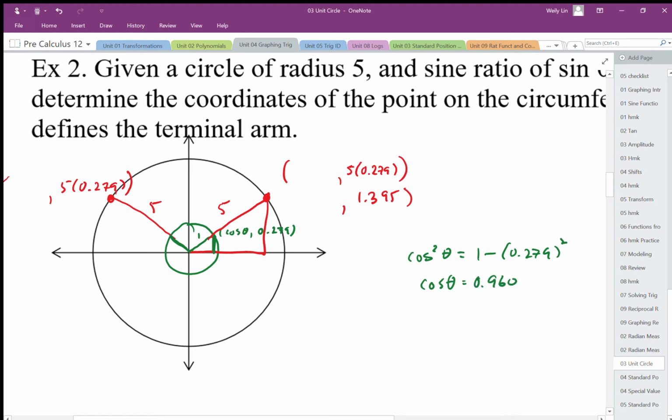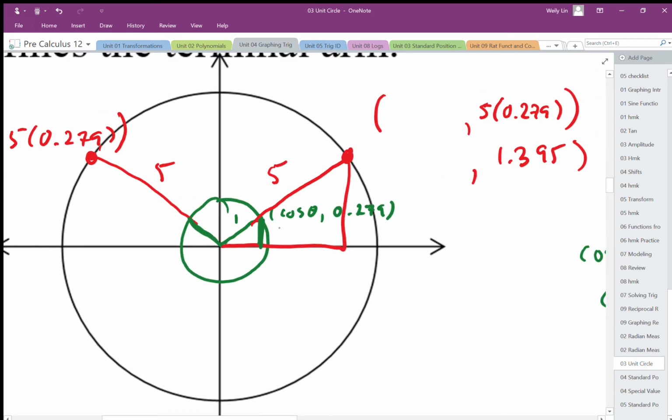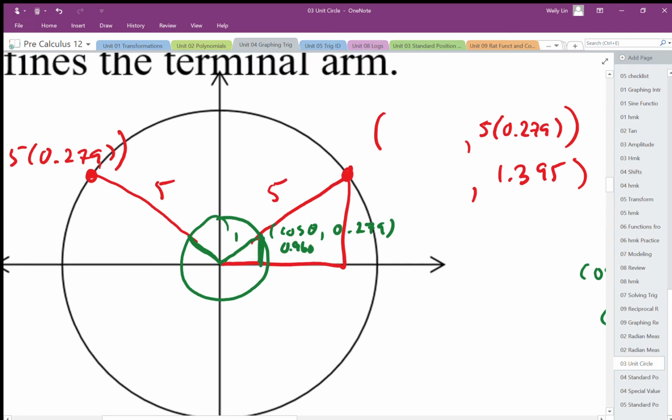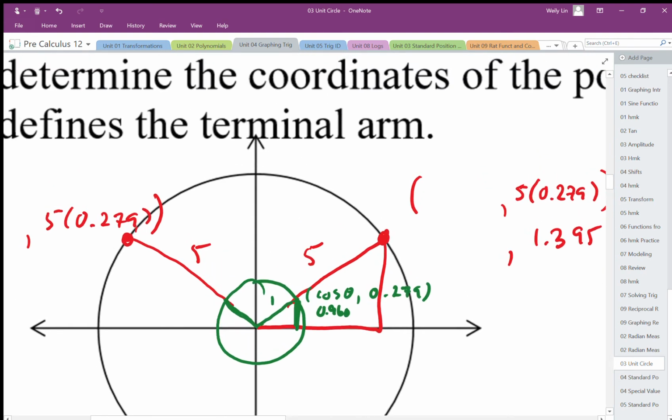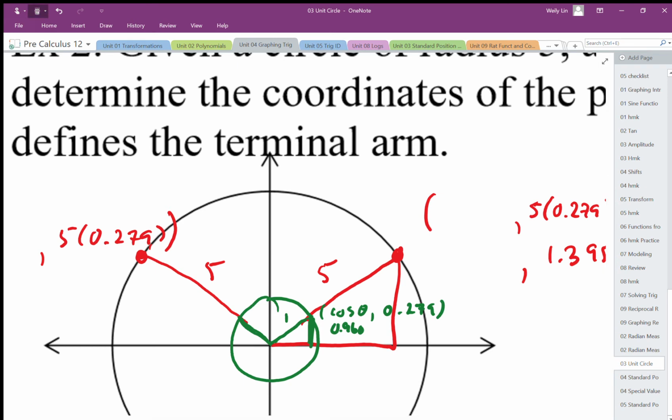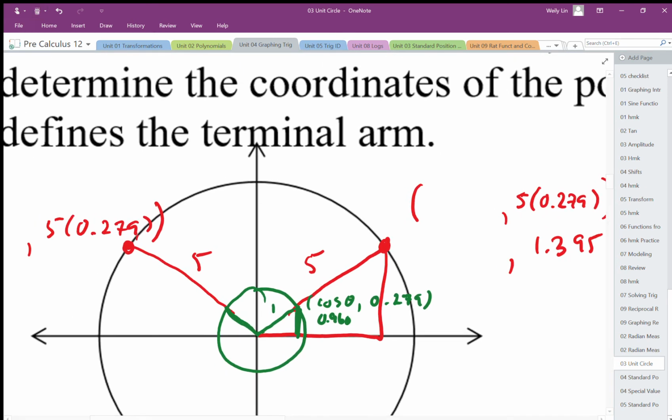0.960. Okay, and then I'm going to multiply that value by 5 to get my x position. So I get an x position of 4.80. Okay, so that's going to give me 4.80 on the x position.